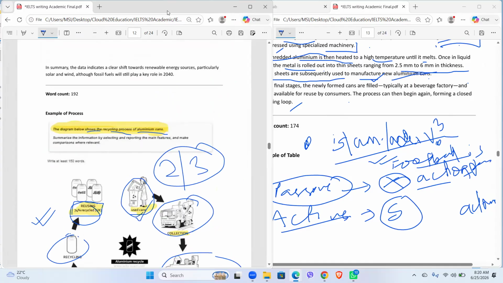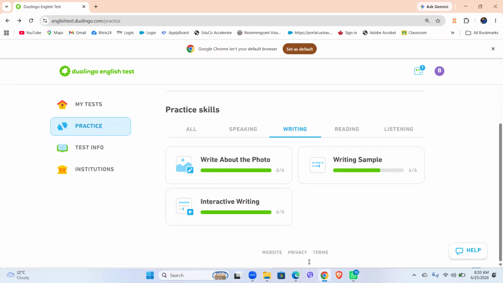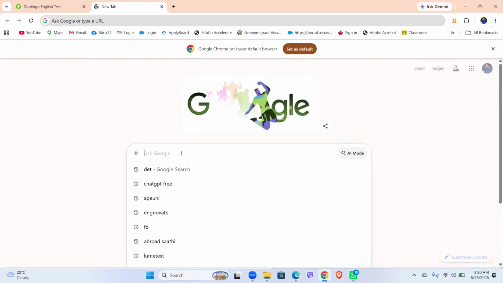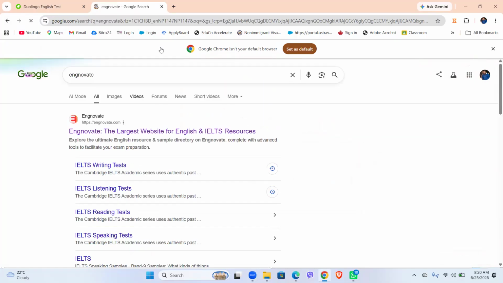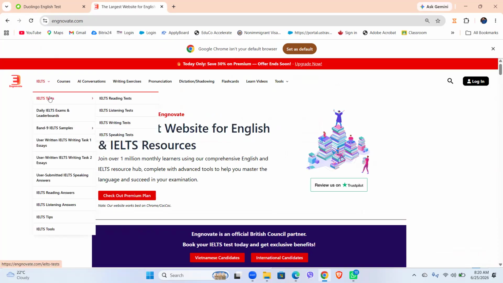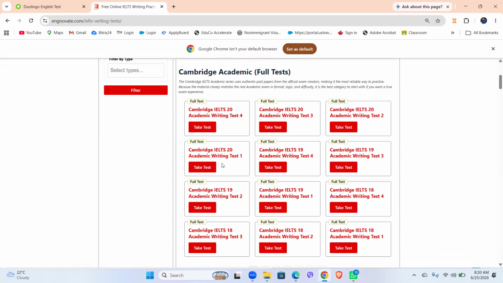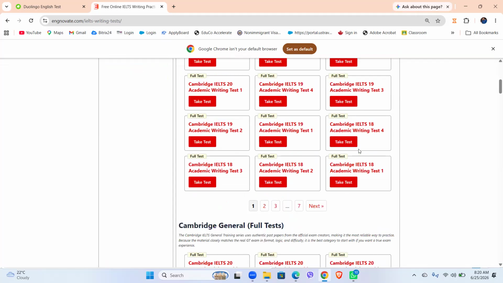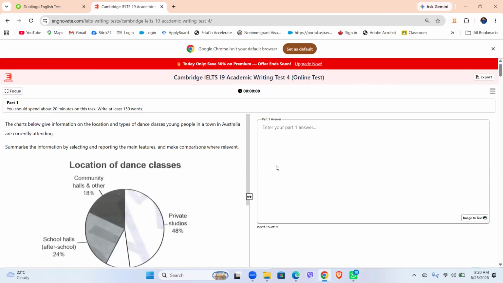Yes. 18 or 19, I think in book 19 there is this type of figure, right? It's in book 19. Just the last test model.